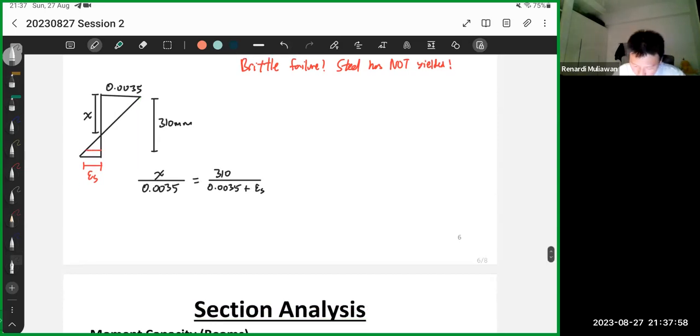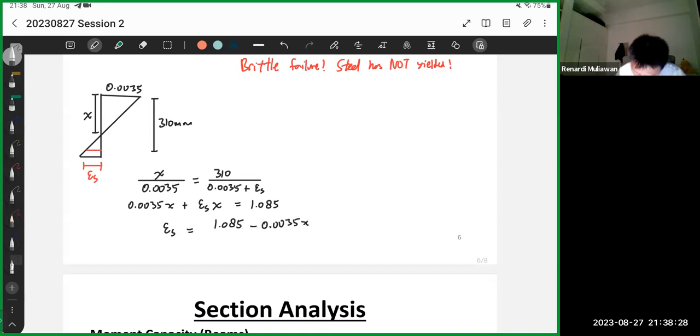Okay, so in the end, from rearranging, you will get 0.0035x plus ESX is equals to 310 multiplied by 0.0035, so that's 1.085. Then through some rearranging, we will get ES is equals to 1.085 minus 0.0035x divided by x. I might be wrong, but this one should be correct. Let me check.